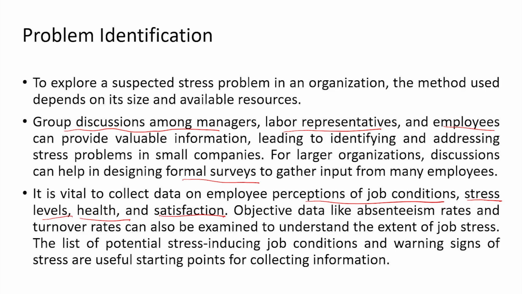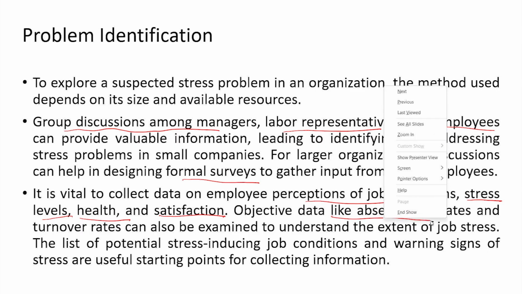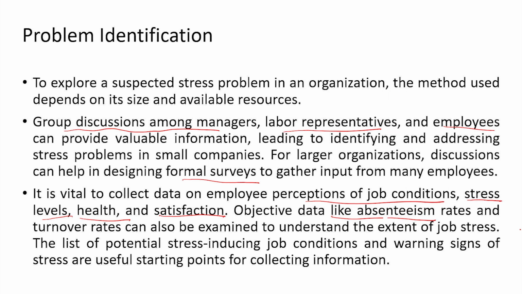Apart from that, you can also fetch objective data from the data cell of an organization. Now, what kind of data can we fetch? We can get data about absenteeism of employees. How many employees are absent on a daily basis, whether there are employees who are taking much more leave as compared to others due to one reason or the other.